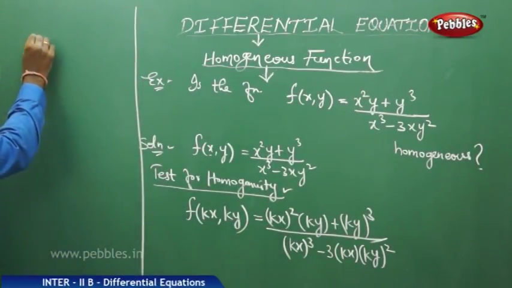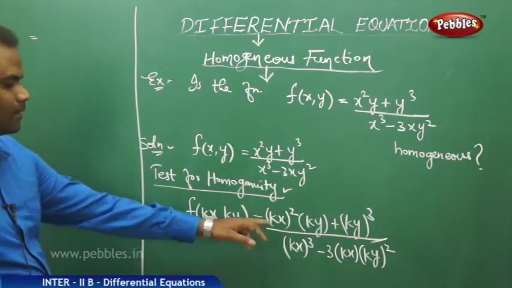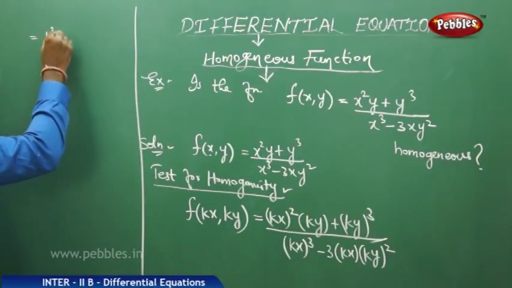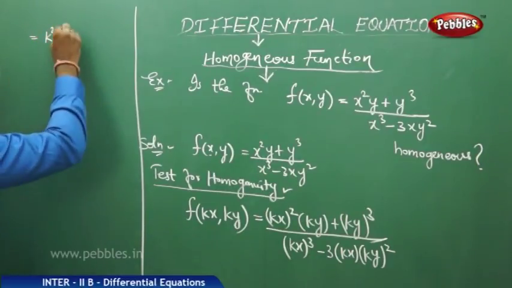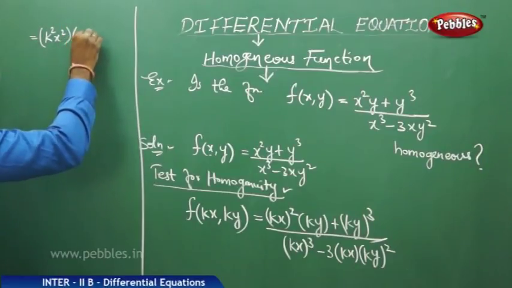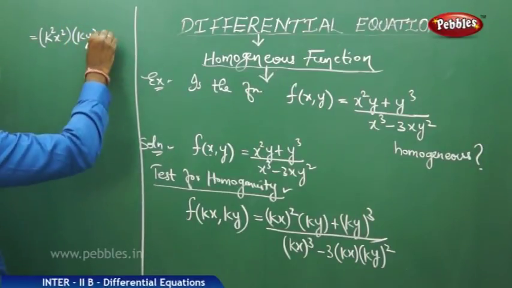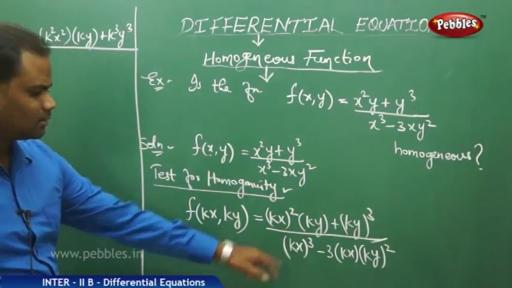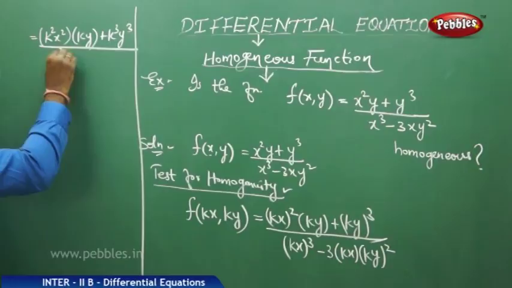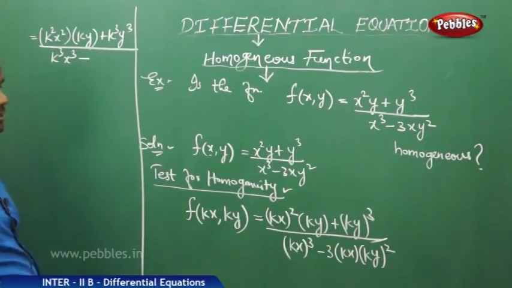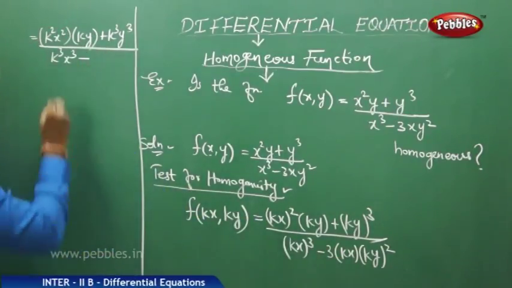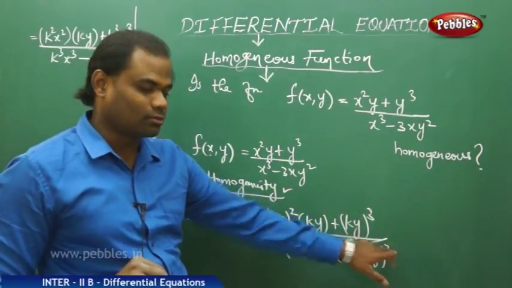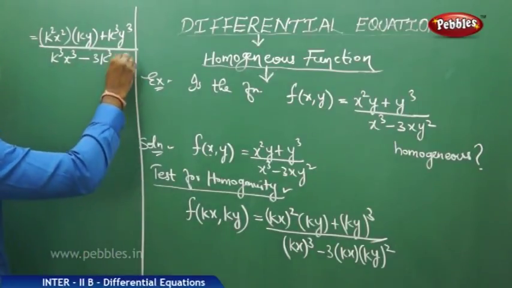Now simplifying this further, I get k square x square times ky plus k cube y cube, whole by k cube x cube minus 3 times k cube, since k times k square is k cube, x y square.